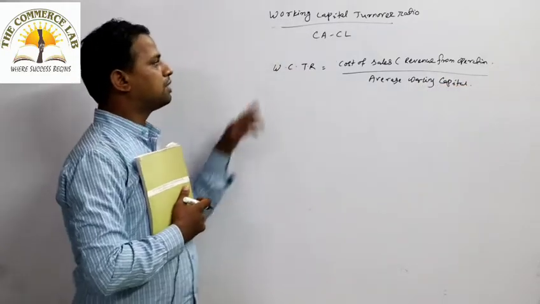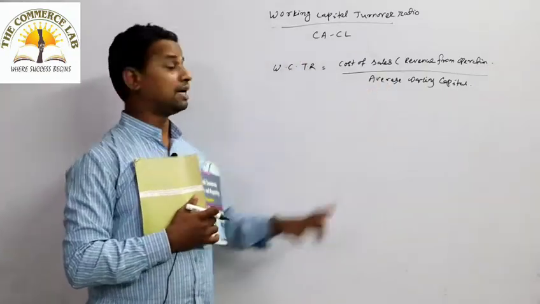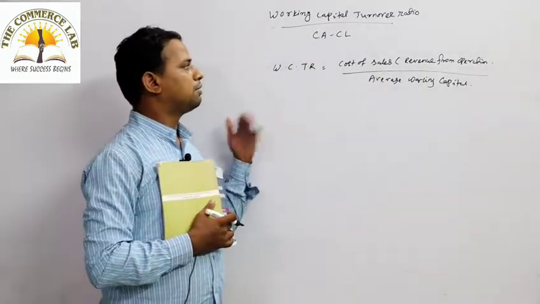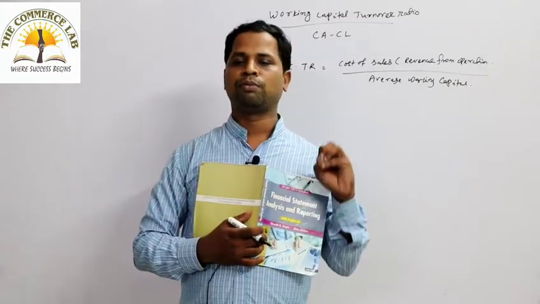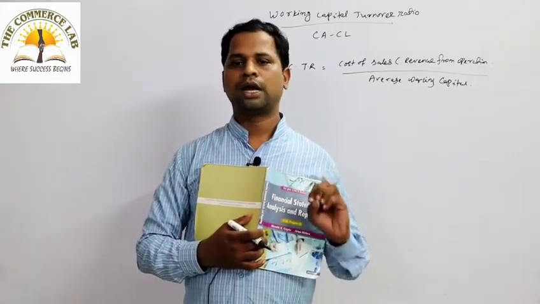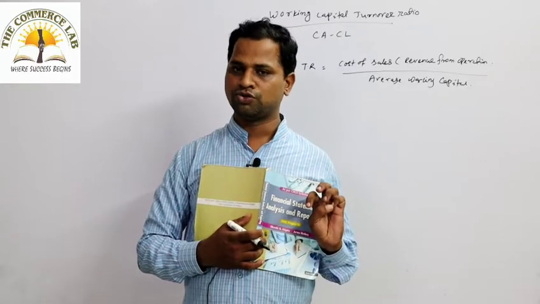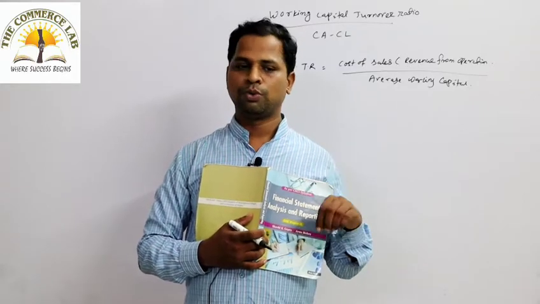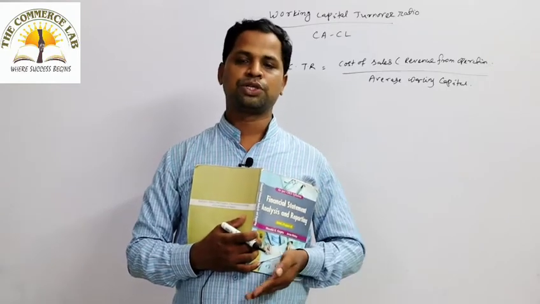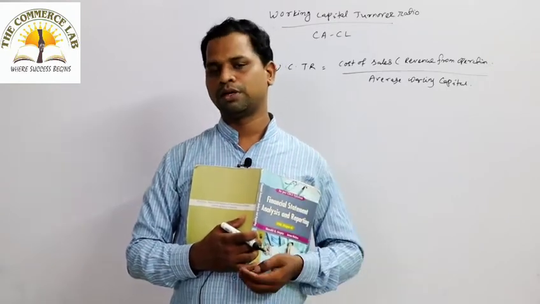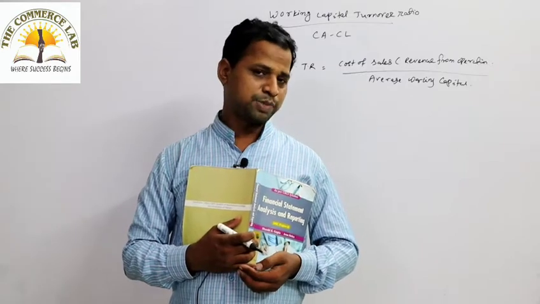So working capital means the difference between current asset and current liability. What does working capital mean? You have to keep a minimum amount of money in your pocket so that you are able to purchase raw material, pay wages to your labor, bear the transportation cost, and bear the advertisements.